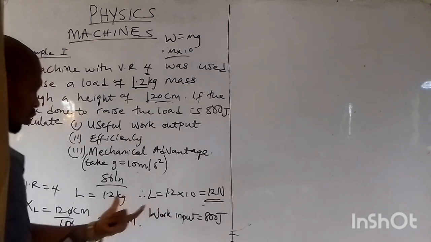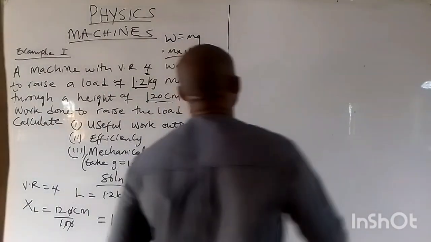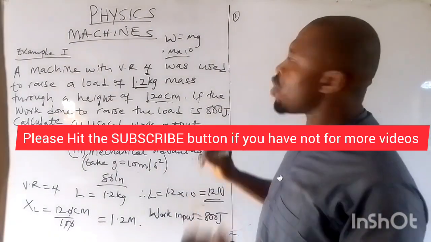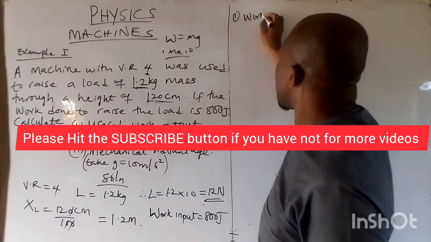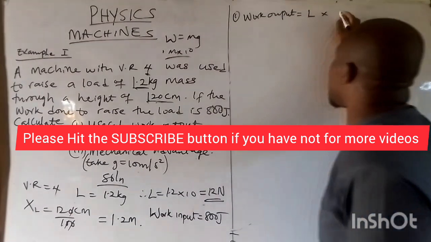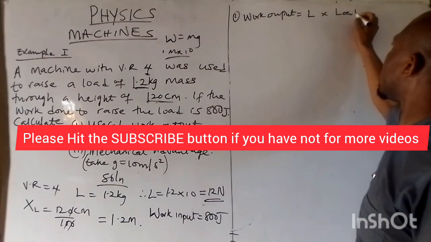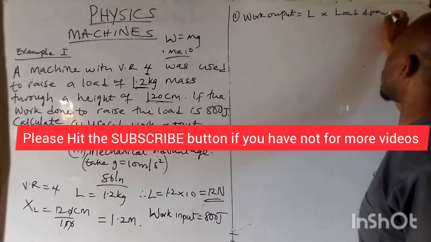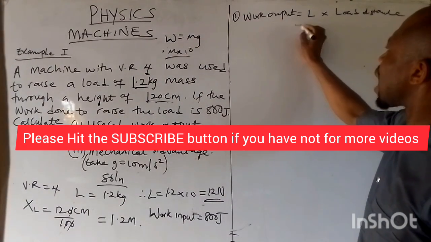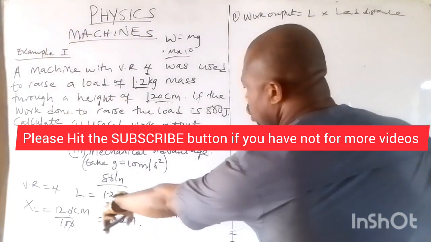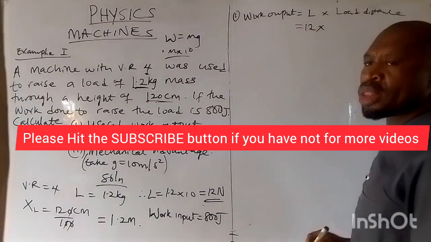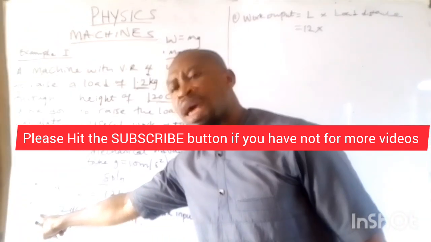Now, the next thing they ask us to get, we'll start with the first one. The first question says, calculate the useful work output. And we know that work output is equal to load times load distance. Therefore, the work output will give us load, which is, we'll trace it down to here, 12 Newton, times the load distance, the distance moved by the load, XL.